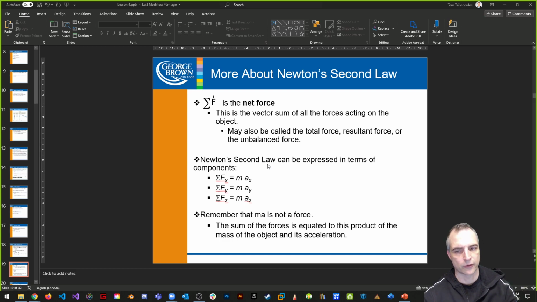So the sum of all forces in all directions is what's going to be happening when it comes to calculating mass times acceleration. So our acceleration is a 3D vector object, if you think about it, in the real world. Now we can cut it down if we're working on a 2D game like you guys are working on.